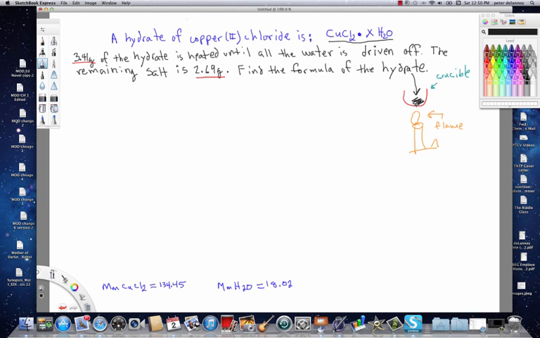So we heat this thing, and when you heat it, what ends up happening is the H2O molecules are driven off as a gas. And in fact, when you do this in the lab, if you have good observational skills, you're actually going to see the material appear to melt in a sense.